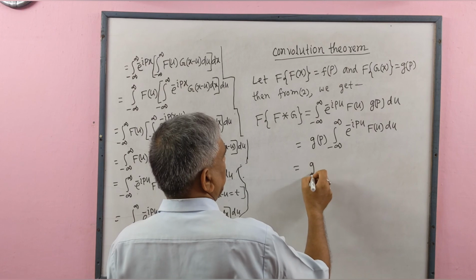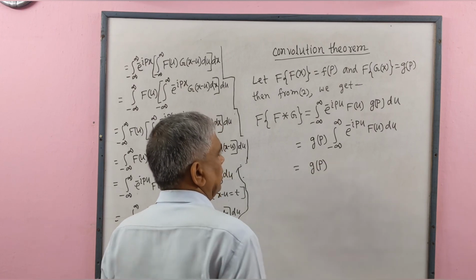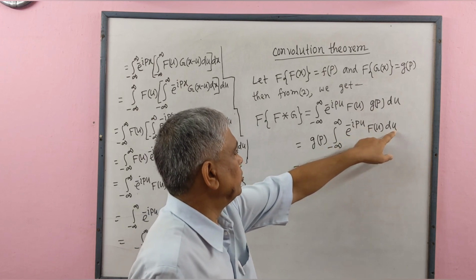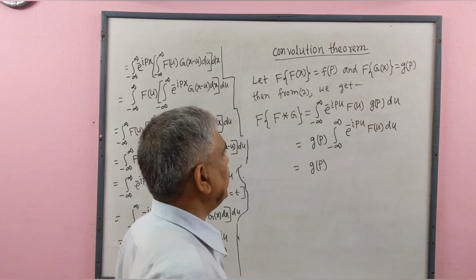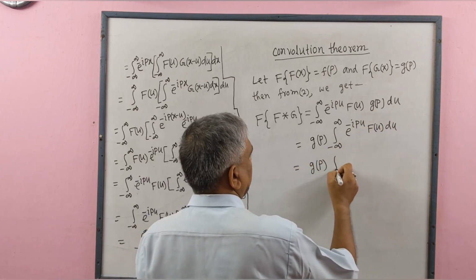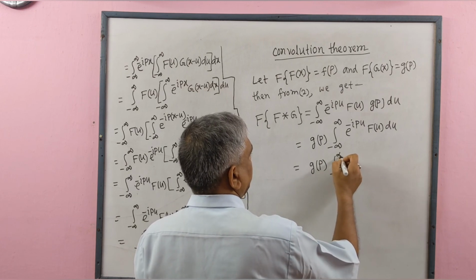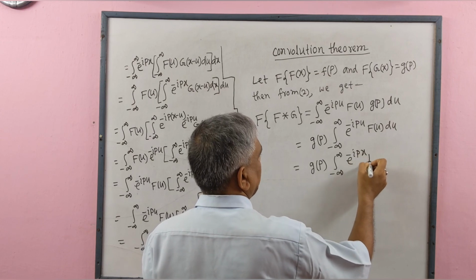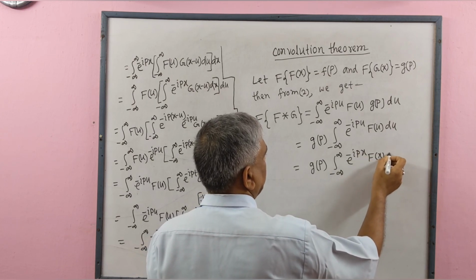This is equal to G(p) multiplied by, here the variable is u, we may change this variable to x, the integration from minus infinity to infinity of e to the power minus ipx f(x) dx.